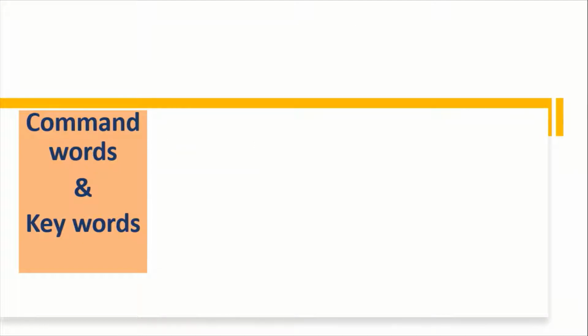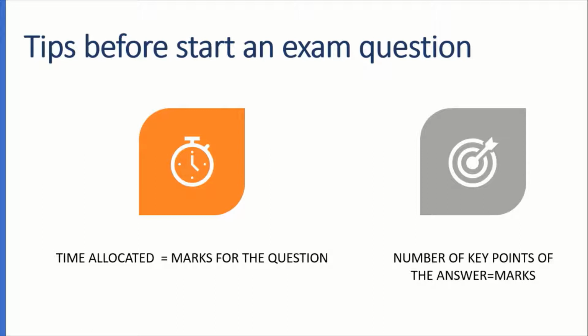So if I go back to the previous two main important points which we discussed, that is the amount of time allocated for the particular question and the number of key points that you need to mention in your answer, right? Let's say you have not understood all these and you're not aware of this, or maybe you really do not concentrate on these key important factors.